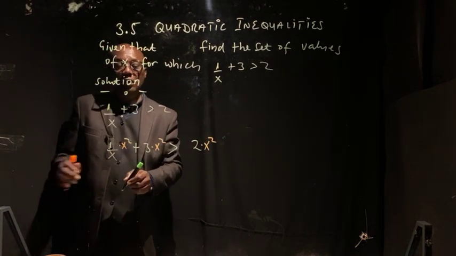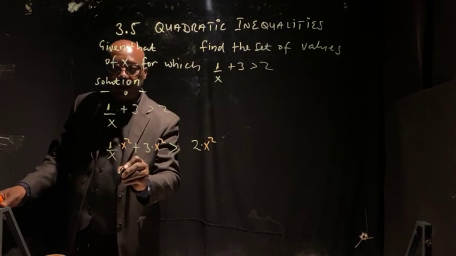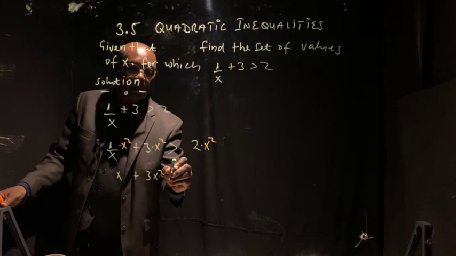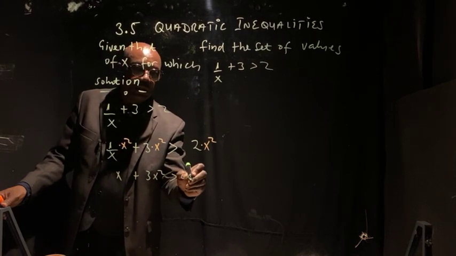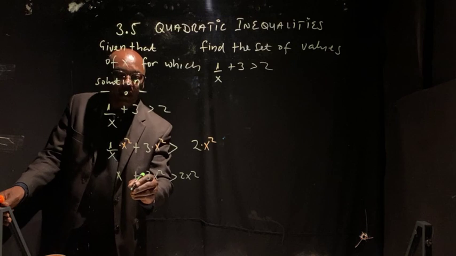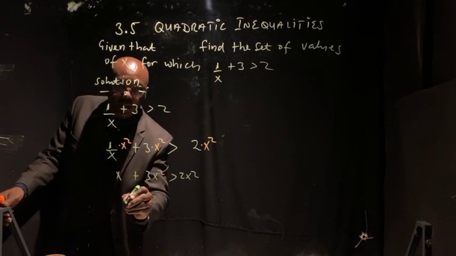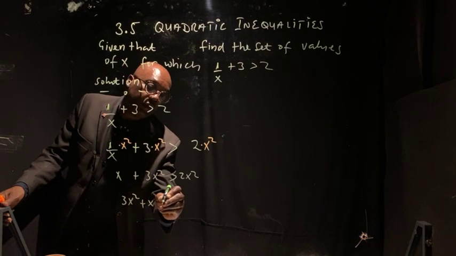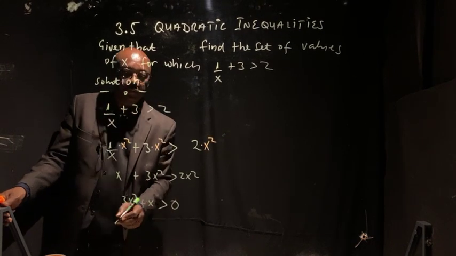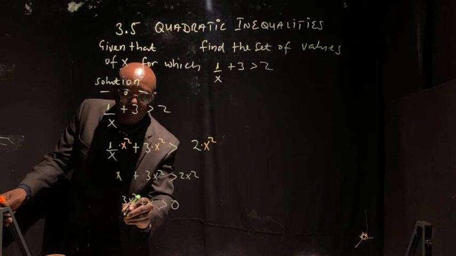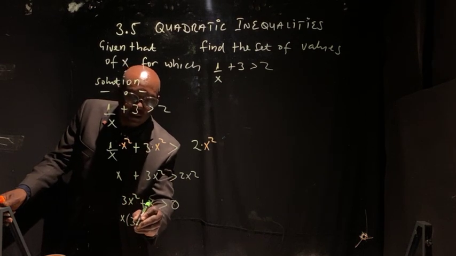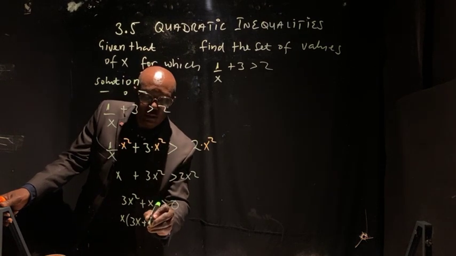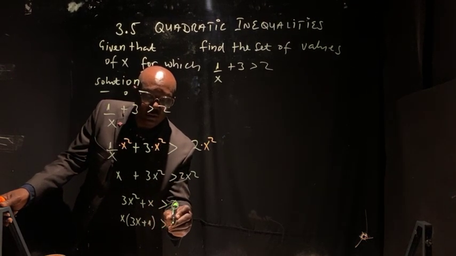So this one becomes x plus 3x squared is greater than 2x squared. So we can have 3x squared plus x greater than 0, which is x(3x plus 1) greater than 0.